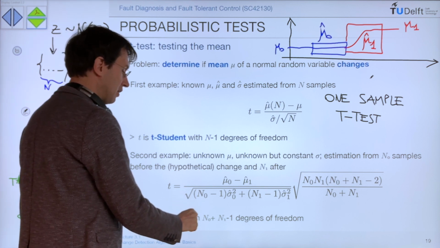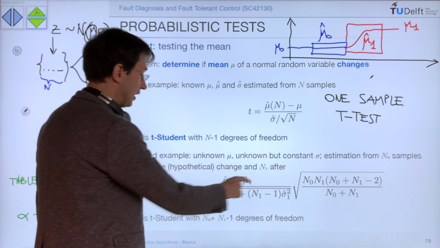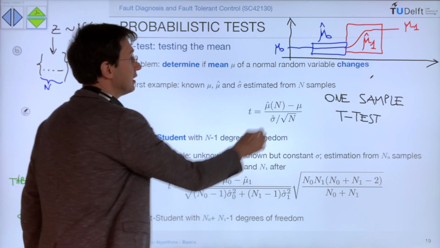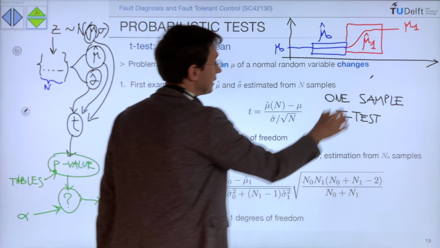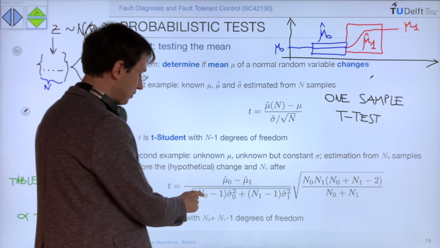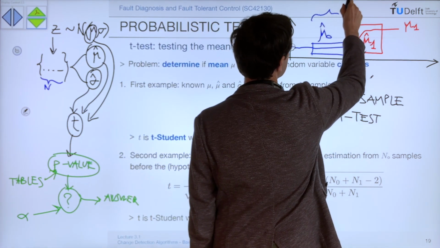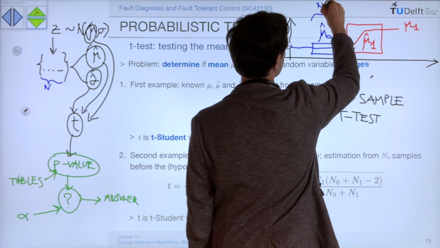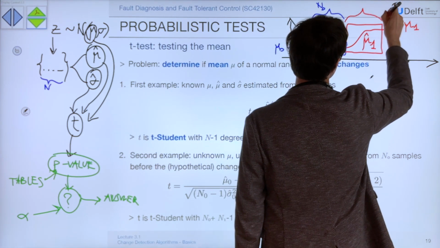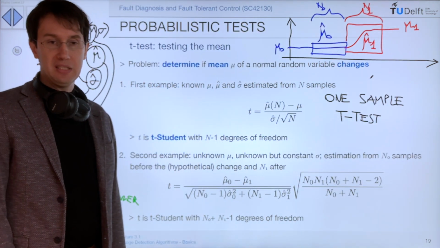So on the numerator I have mu0 hat minus mu1 hat, which are both random variables, normalized by these terms, where I have the empirical variance in this time window, the empirical variance in this time window, and then the rest of the normalization factor depends on the number of samples n0 that I have here, so this has n0 samples, and the number of samples n1 that I have here. In general, they don't need to be the same.